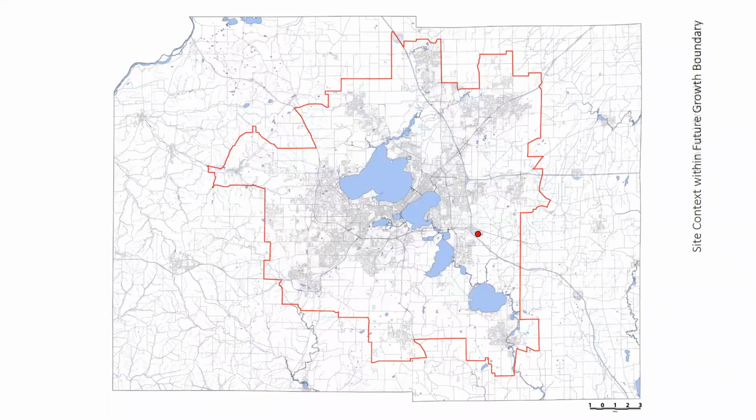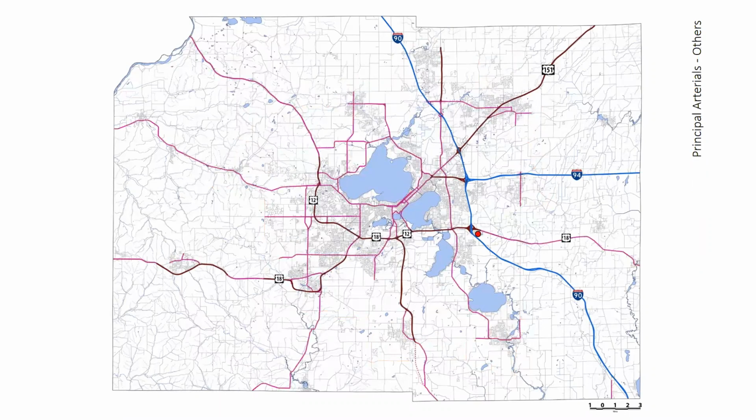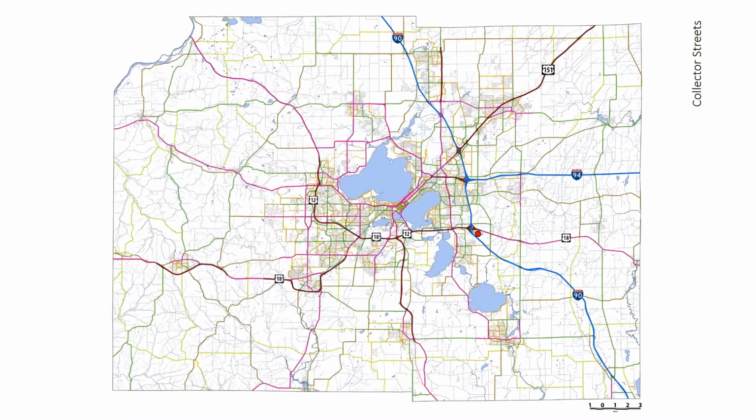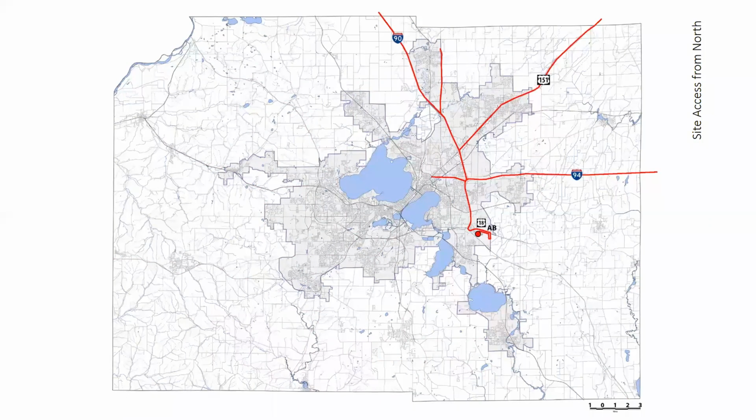And again, off highways, we wanted to understand both the opportunities and constraints. I'll go through these a little quickly. There are a lot of diagrams here, but it's about the analysis of transportation. How are we going to get people here? What are the connections to the surrounding fabric? So we're looking at all the different types of streets. Here are the main ways to get to the site, off of Highway 18 and Highway 90.